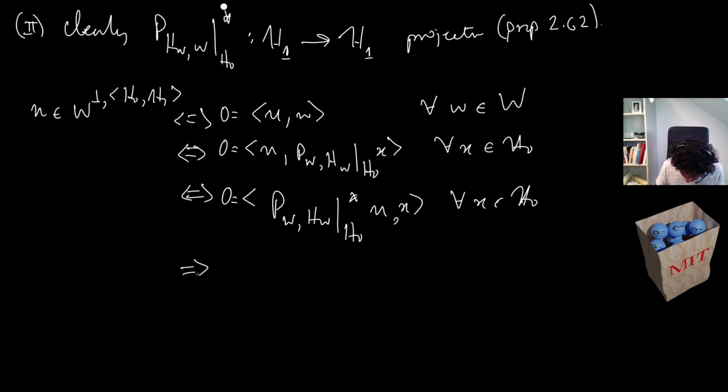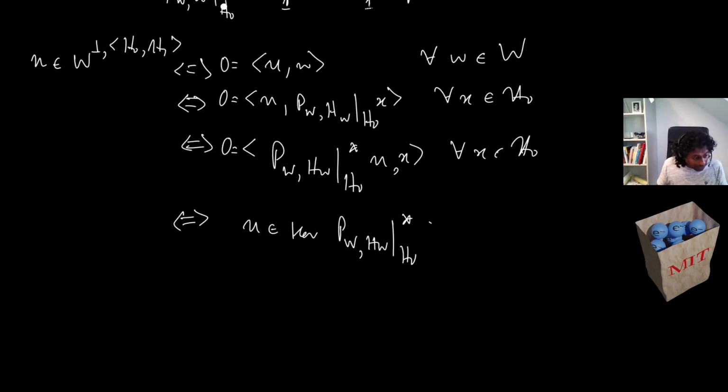Actually, we don't even need to use that property. We just use the property that it's a perfect pairing. So then it tells us that U is in the kernel of (P_WHW restricted to H naught)star, and the kernel of this is precisely equal to P_HWW restricted to H naught star H1.